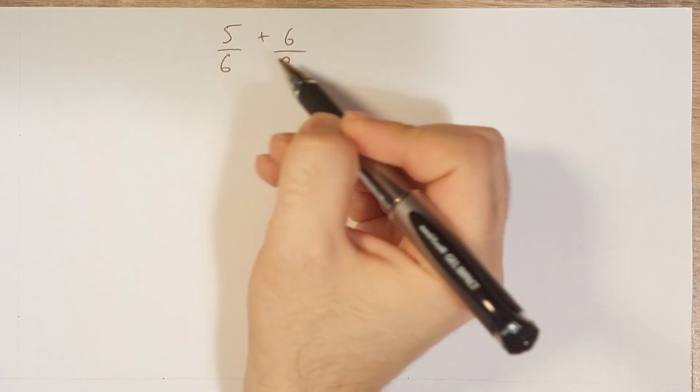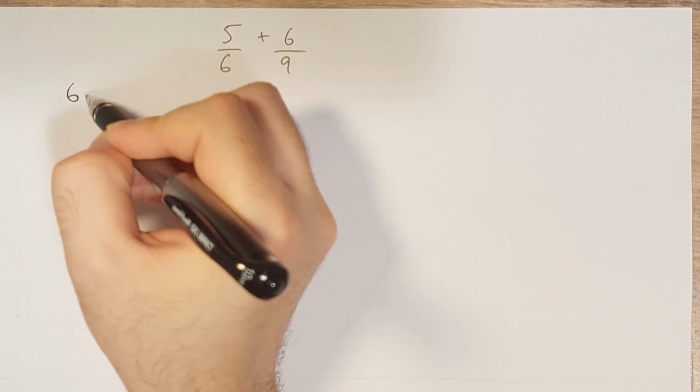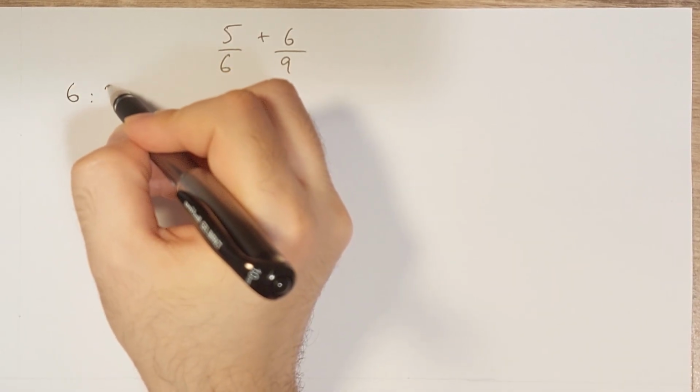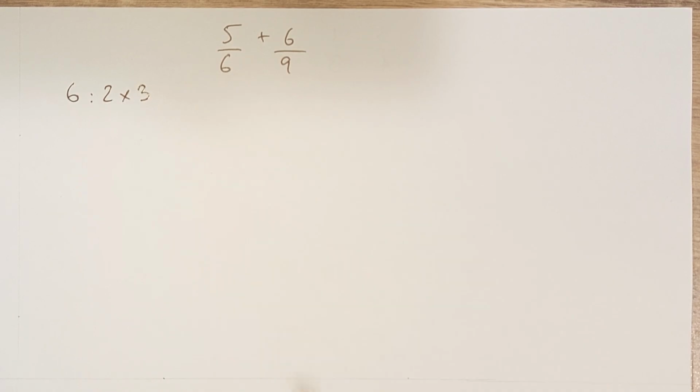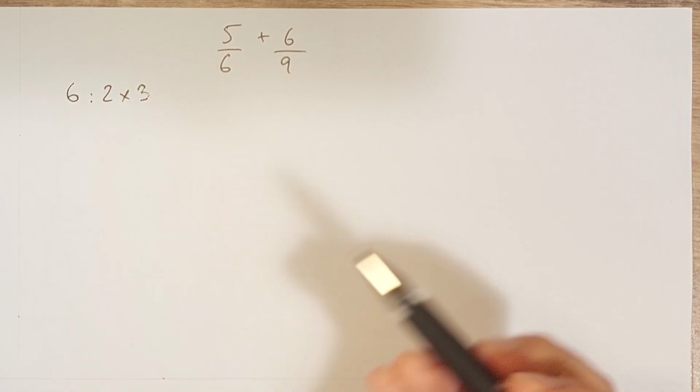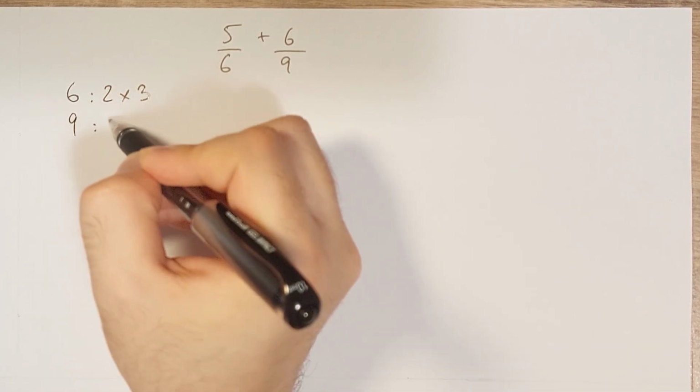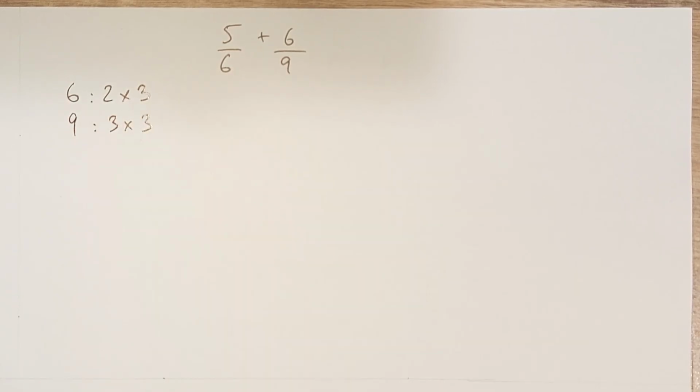This question is 5 by 6 plus 6 by 9. And we do the same process again. Both denominators are different. We find the least common multiple. For 6 and 9, I'm going to use the prime factorization method. 6 can be written as 2 times 3. Both are prime numbers, 2 and 3. 9 can be factorized as 3 times 3.